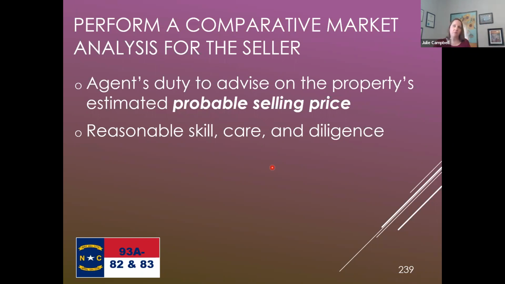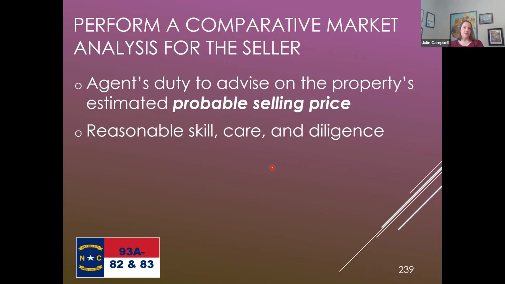As you can imagine, when we're preparing these CMAs, we do have to proceed with a standard of reasonable skill, care, and diligence. We need to be able to perform these things in a competent manner. Has anybody done a CMA yet? Not yet. A couple of you? Good. Have you learned? I could fudge this report. I could make it say anything I wanted to, because we're the ones selecting the criteria.